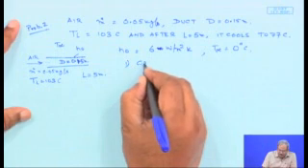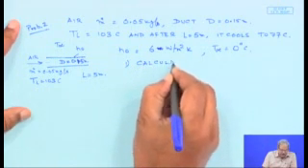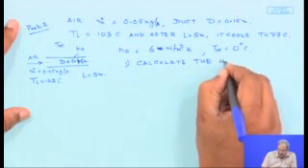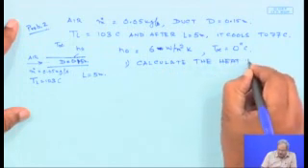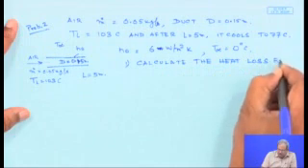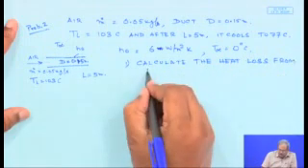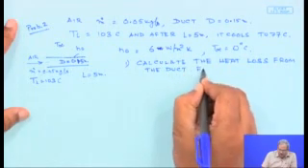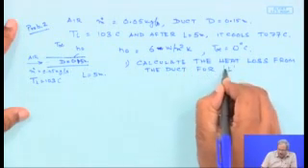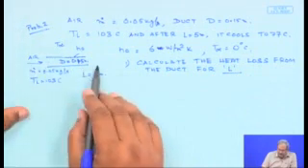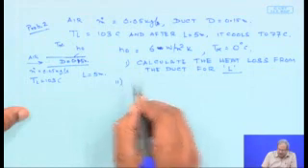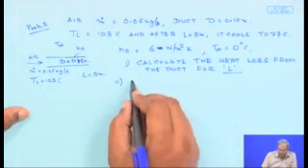The first part is to calculate the heat loss from the duct. So, for the overall length L, for the entire length of the duct, how much is the heat loss from the duct to the outside?